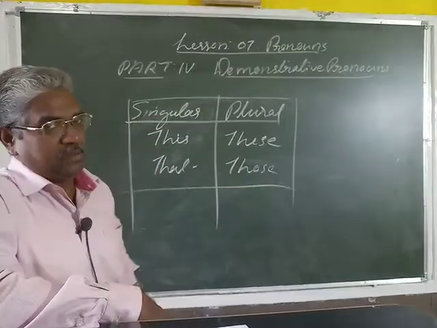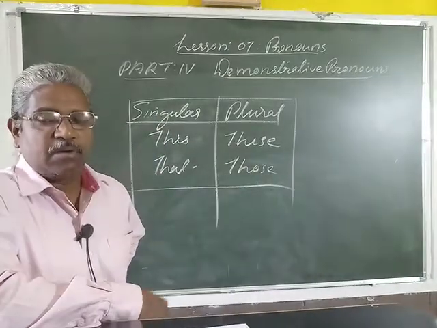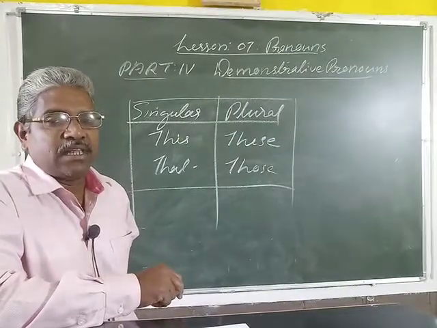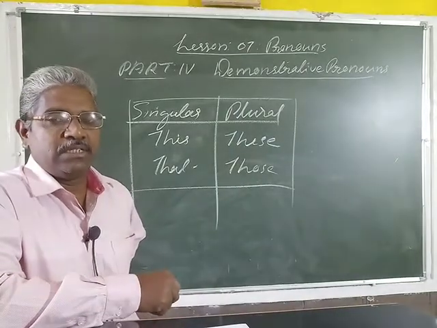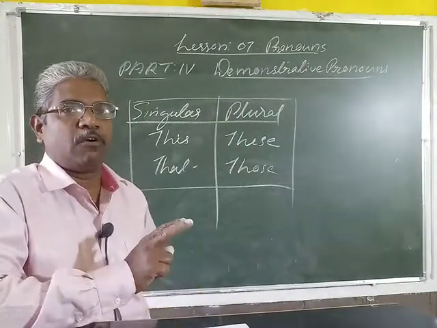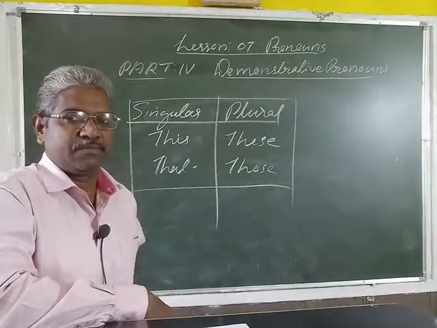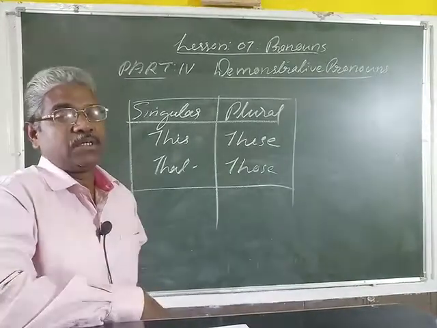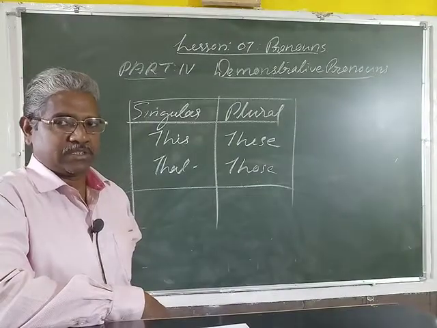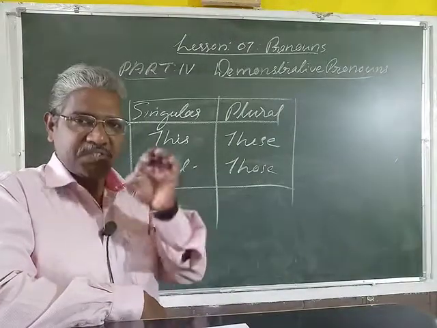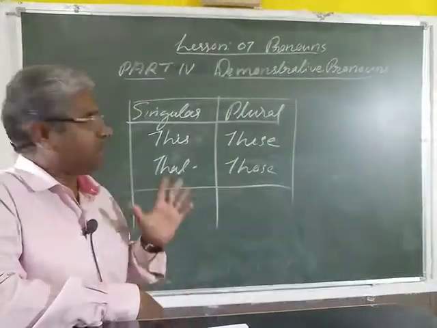Then what is a demonstrative pronoun? A demonstrative pronoun is a word that is used to show or indicate an object. Now we study the formula, the definition of demonstrative pronoun. Demonstrative pronoun means it is a word.